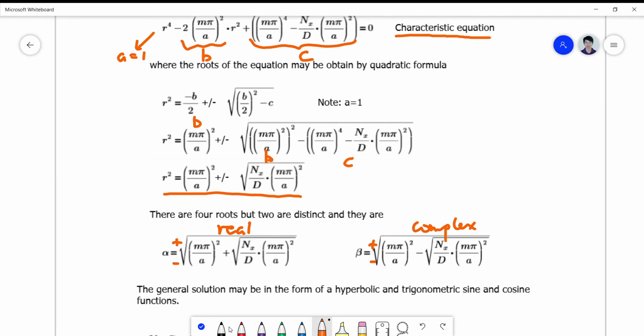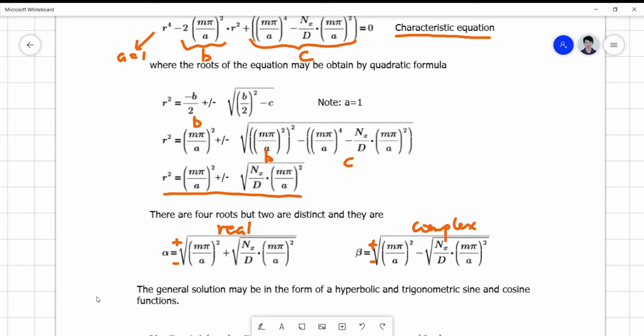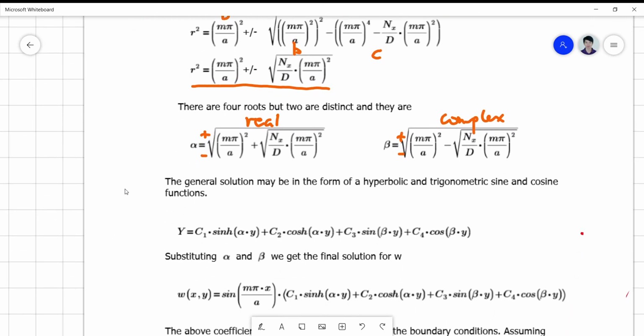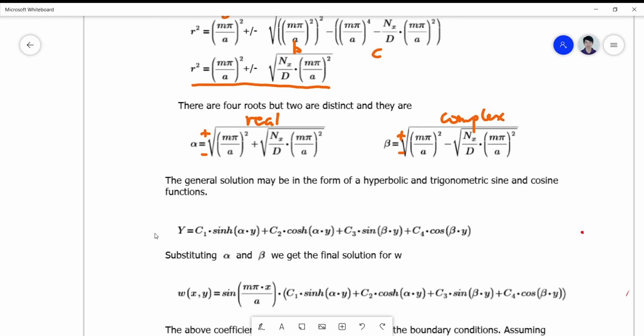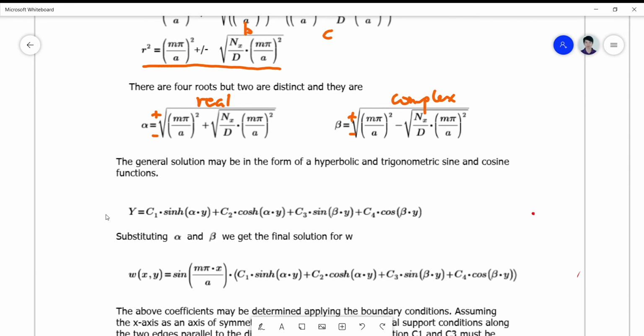So if I have 4 roots, I will be getting a solution which has 4 terms and 4 coefficients yet to be determined. So since I have real roots here, my form of solution must be maybe hyperbolic or exponential, no? So it can also be placed in an exponential form.